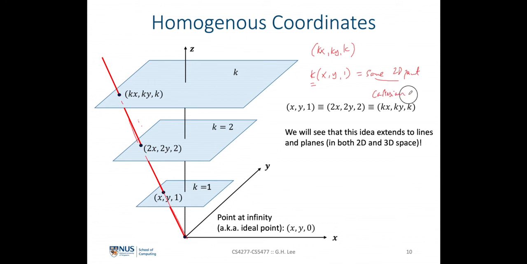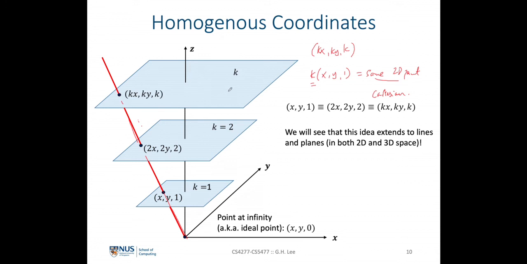And hence, we can conclude that the homogeneous coordinate representation of a point is actually equivalent to a ray if we were to plot it out in the Cartesian space of XYZ coordinates over here.